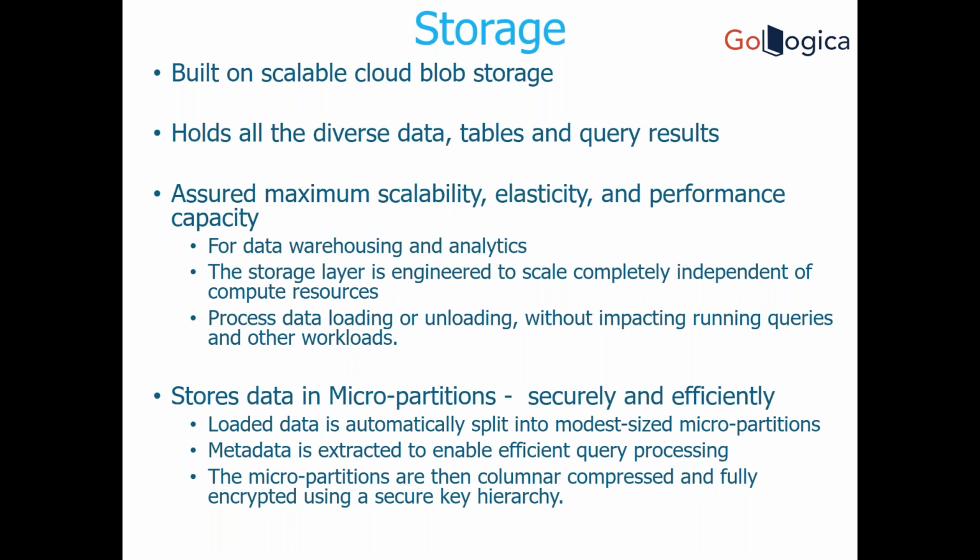Whenever you load data, multiple partitions will be created for each table, right? The partitions can range from 1 to millions, so we don't have limitations on that. I'll explain how these partitions are created and in what way Snowflake stores data so that it can get the maximum performance advantage. We will explain that later on.